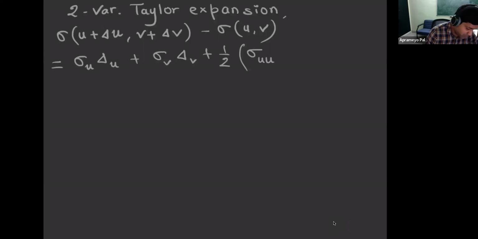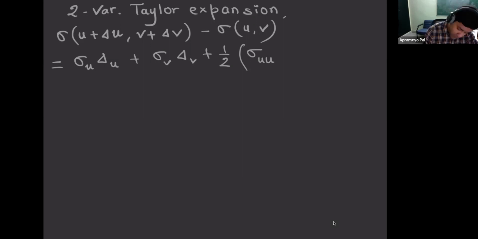sigma_uu. These notations are all clear, right? This we have already seen. Please stop me if there is some notation I am using which is not clear, but I assume these notations we have already seen previously. These are the first and second partial derivatives with respect to u and v.